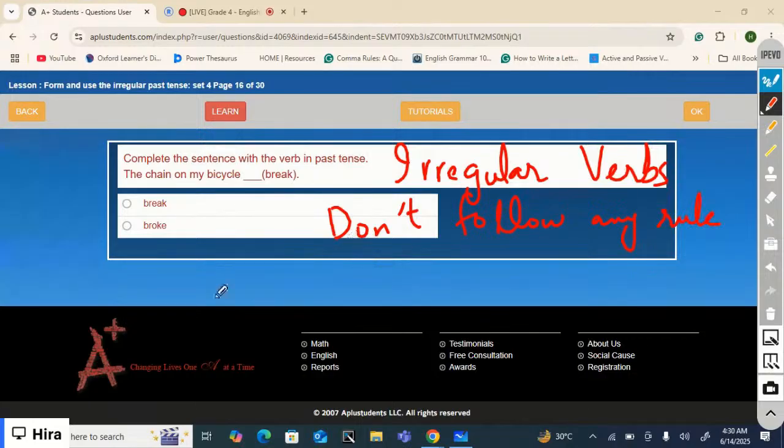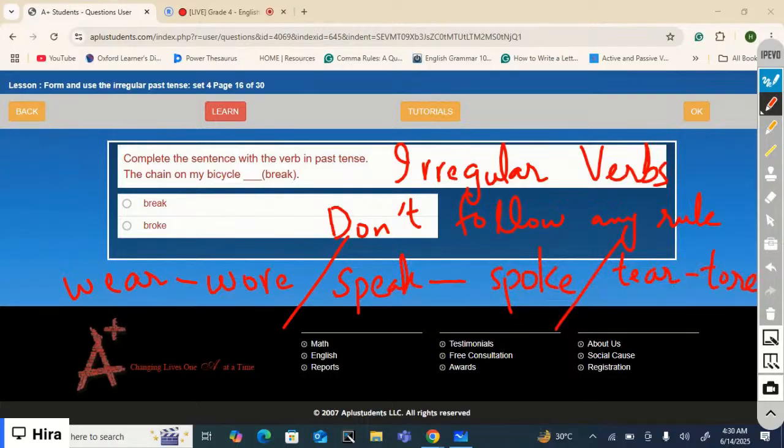The spelling is different. Like wore is the past tense of wear. Then we have speak, and the past tense is spoke. Then we have tear, and its past tense is tore.